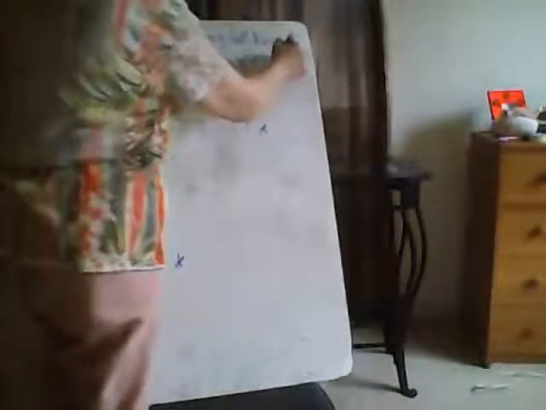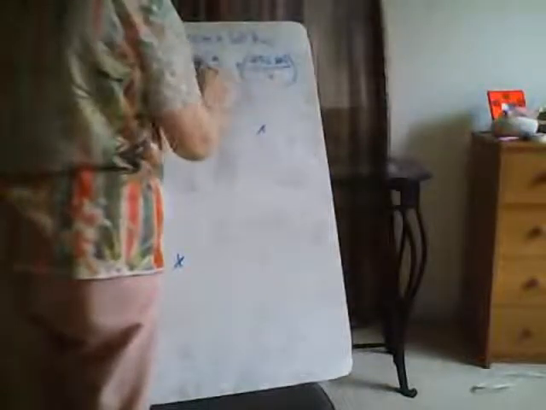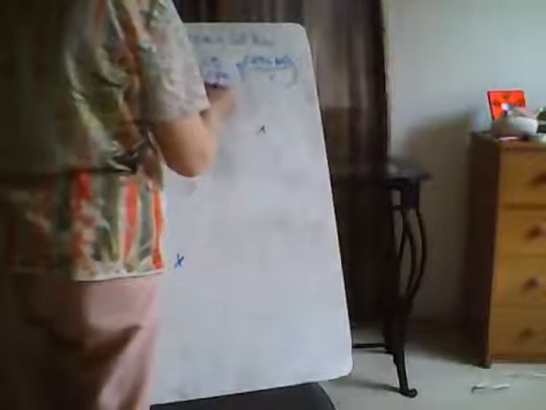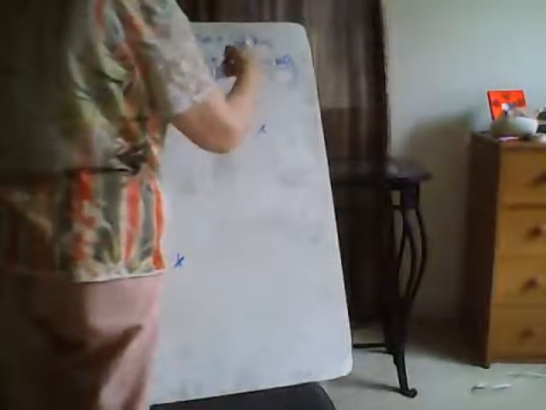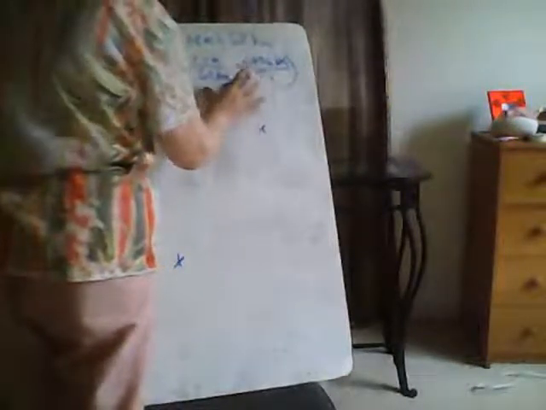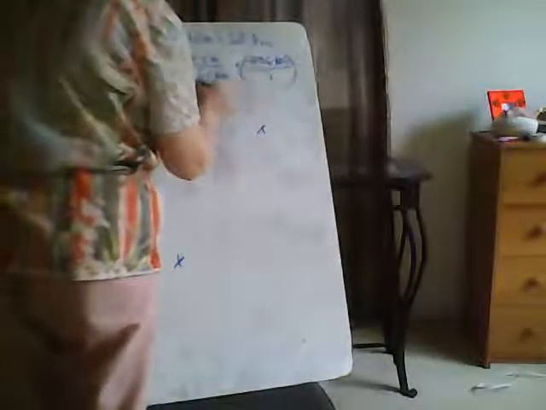So in number 1, we said 256 kilometers. Our kilometers cancel out, but we have to divide this by 60. That gives 4.2667.